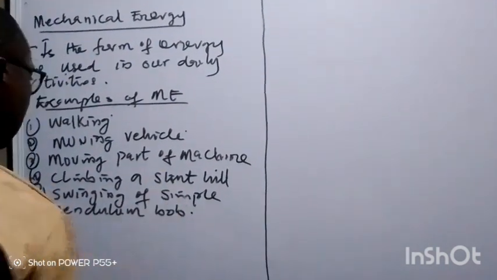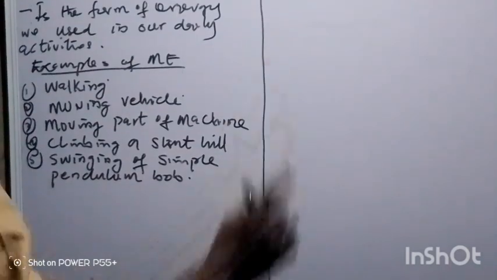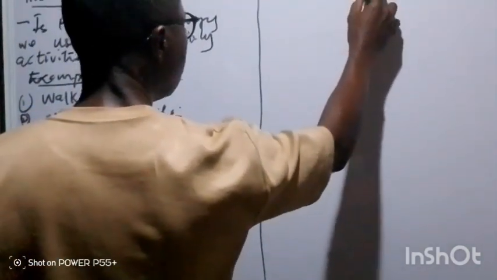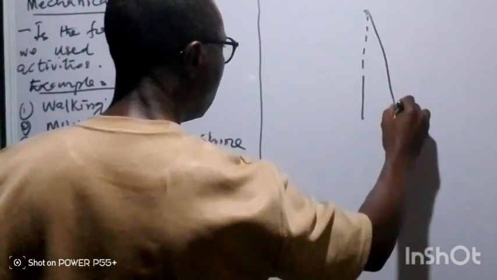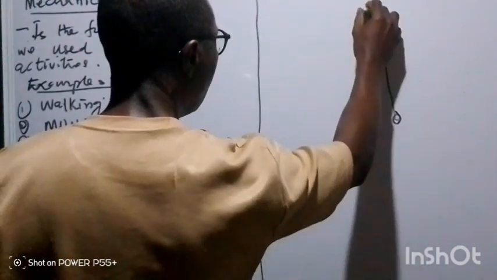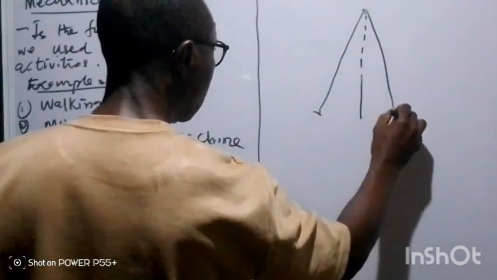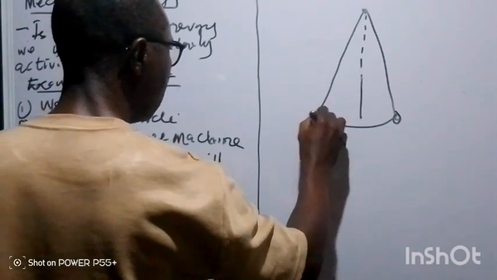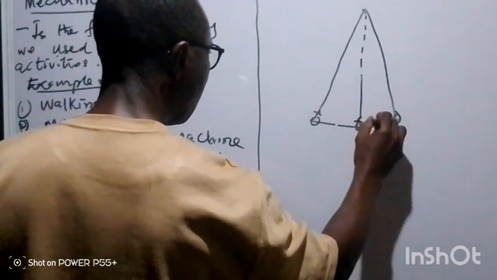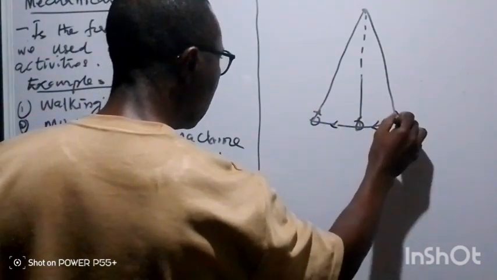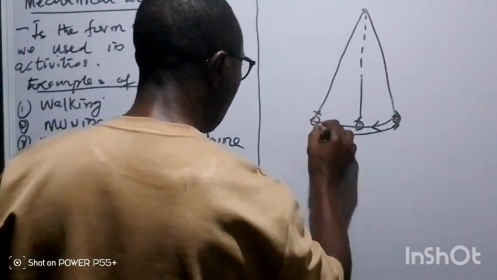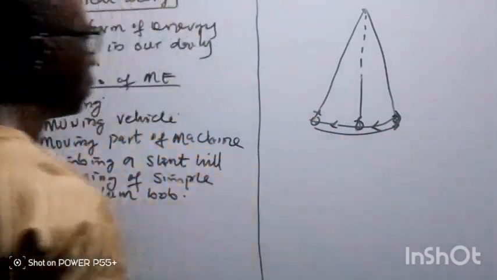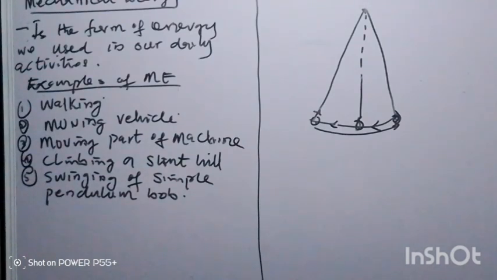That is, when it is being swung to and fro. From this diagram, when you have a pendulum bob swinging to and fro, this is a typical example of mechanical energy, from this point to this point and back to the original point. 6.